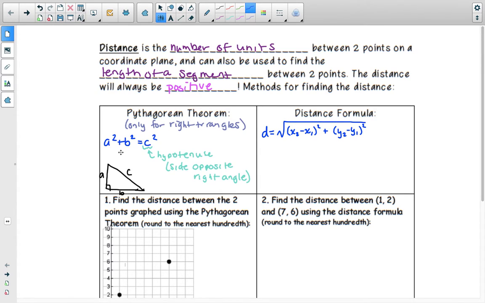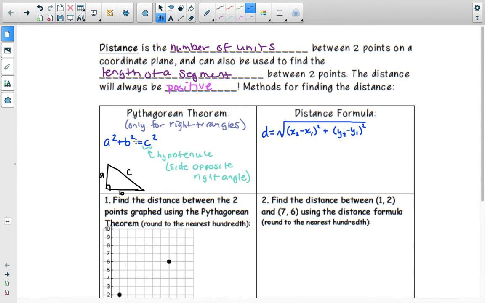This comes from the Pythagorean theorem because x sub 2 minus x sub 1 is the change in x values, that horizontal line, change in the x. So that would be our b value. We would square it. Plus, just like a Pythagorean theorem, we want the change in y, which is that vertical distance. So we would have the change in y, which is our a value, squared, just like we have here.